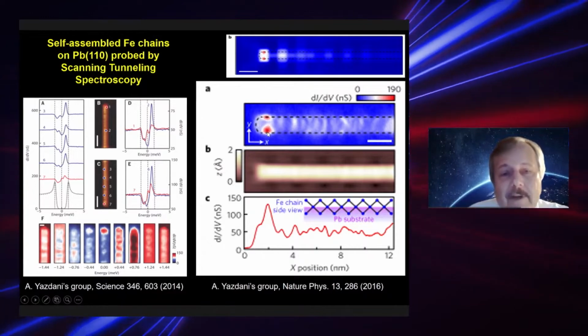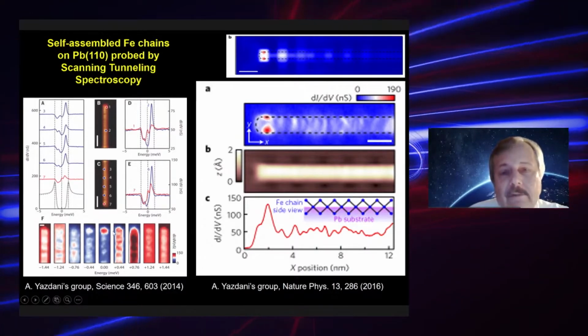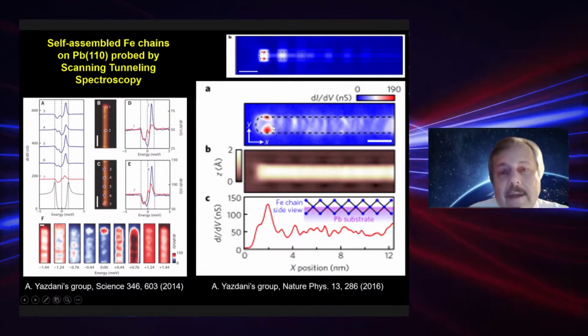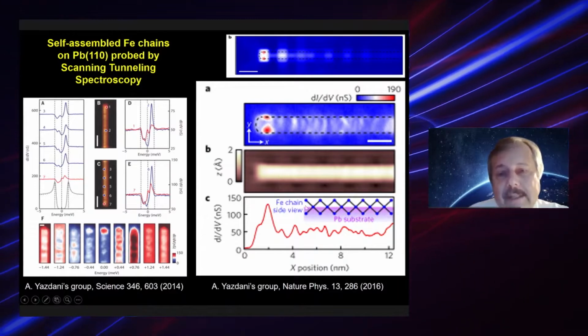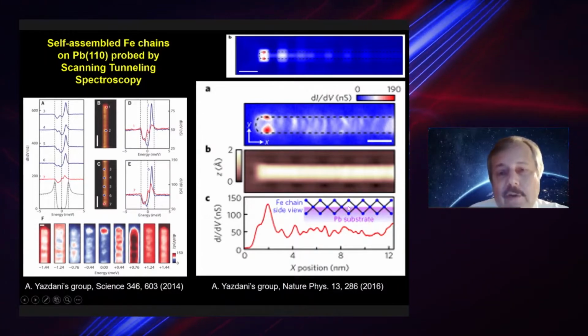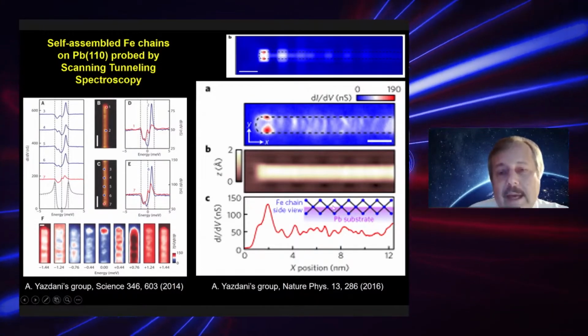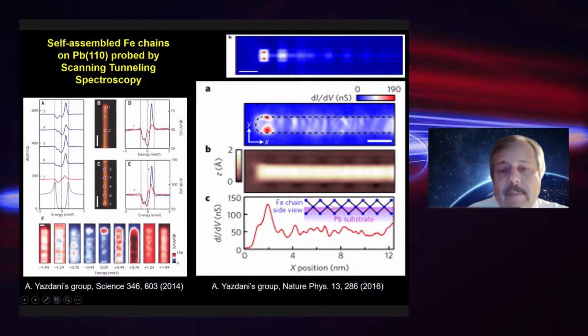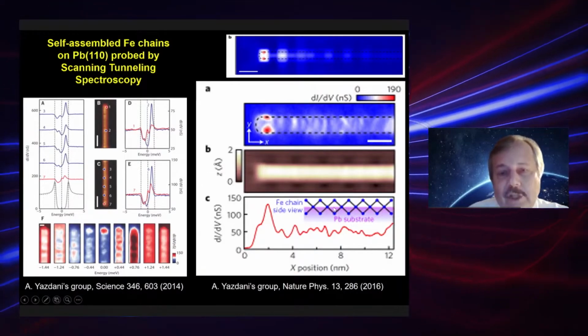And that was, of course, very puzzling. There were two contradictory observations, and theorists tried to model this by a more complex structure of the chain, a crystalline iron chain, which is not monatomic, but has a more complex structure.